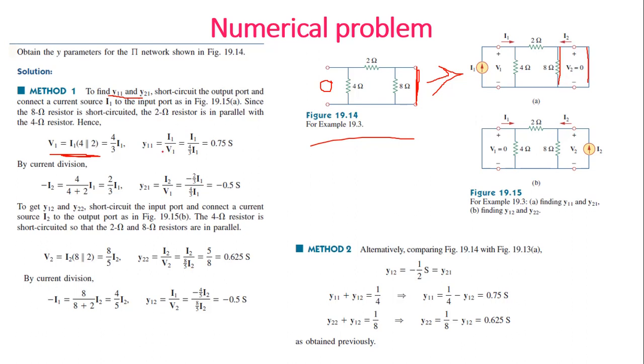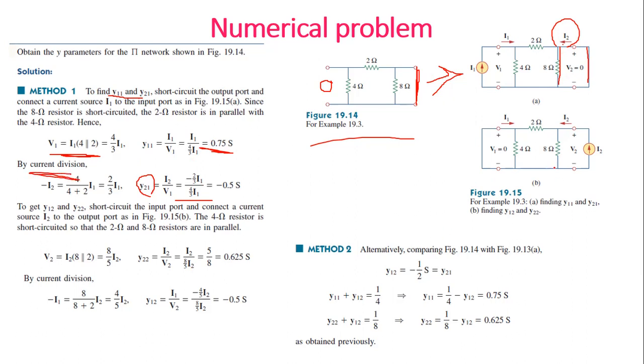So Y11 will be I1 by V1, substituted, we will get the value of Y11. Now to obtain Y21, we have to find the current I2, because Y21 is I2 by V1. So this is obtained by first finding current I2, which is found by applying current division.